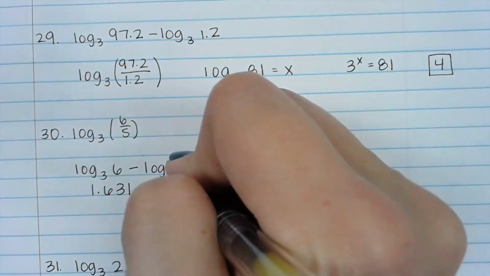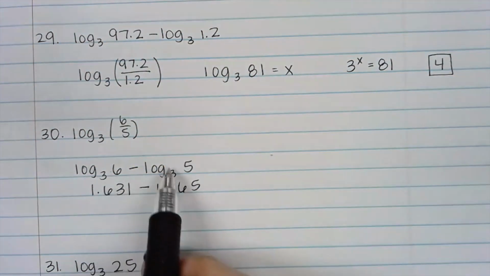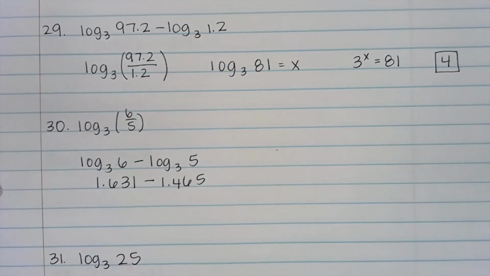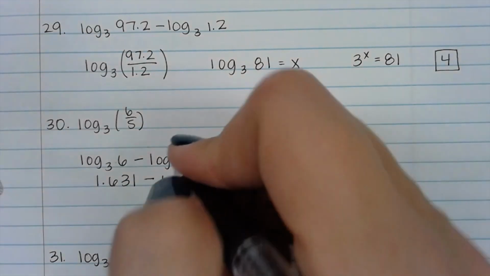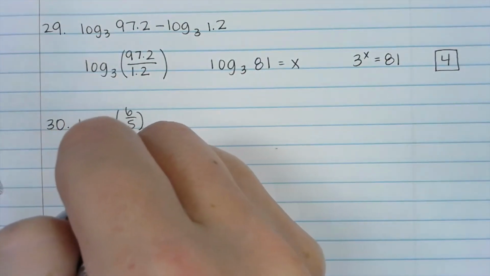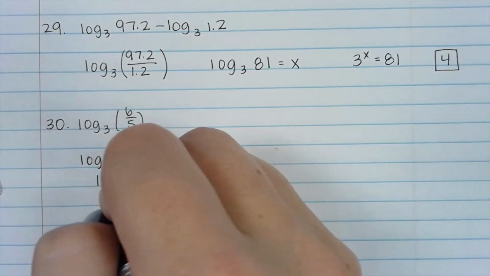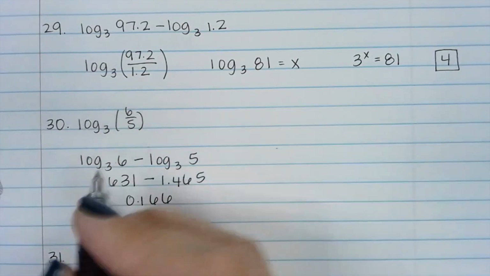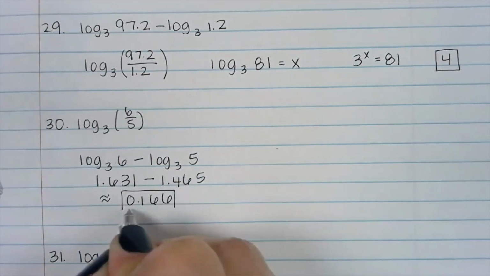And so I can substitute those values in because this is equal to this and this is equal to this. And then I can use my calculator to subtract these values. So 1.631 minus 1.465 will give you the answer for this question. And so for question 30, your answer is approximately, and it is rounded, 0.166. So that would be your answer there.